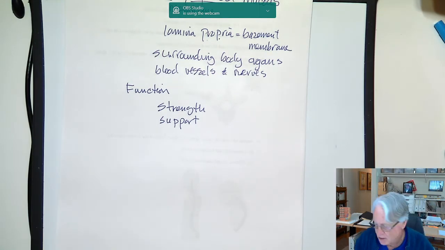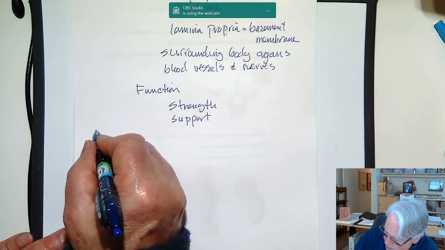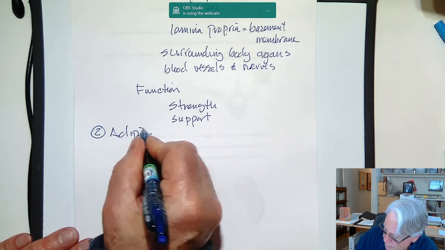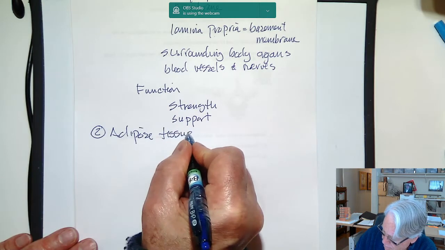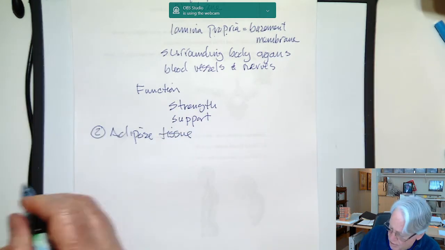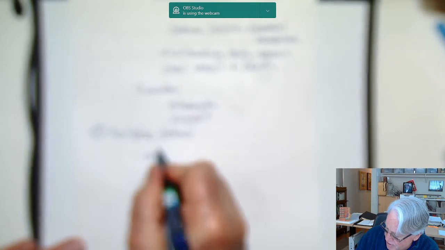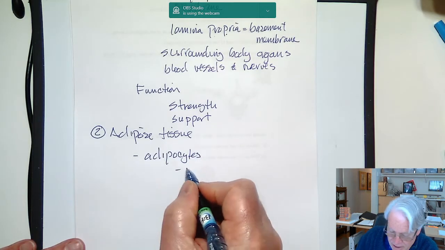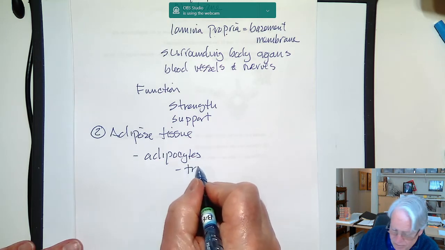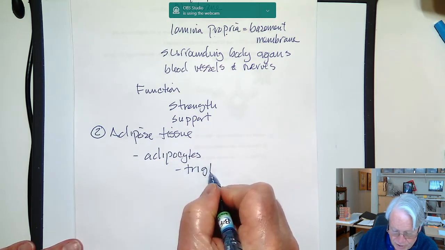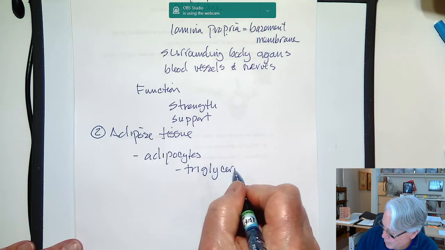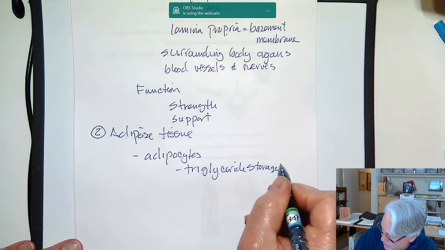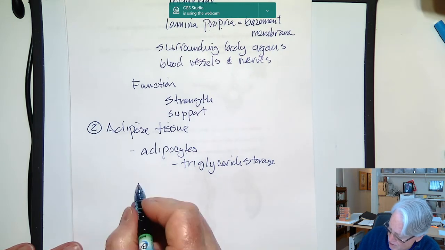Okay. So the next type of tissue then is adipose tissue. And here, of course, what we have is adipocytes. And they have triglycerides in them. So we store fat, that's the purpose of this tissue.